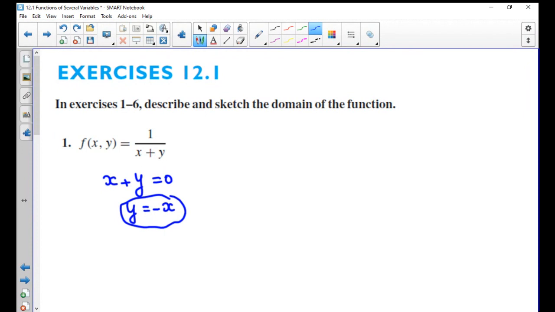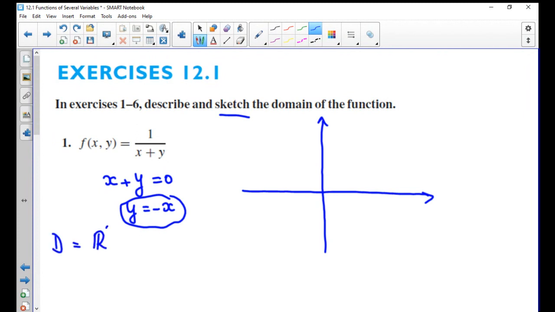So the domain is everything in the plane except the points which are on this line. So if I want to sketch it, so let me just put here, D is all the points in R2 except the points x, y, such that y is equal to minus x. This is except.